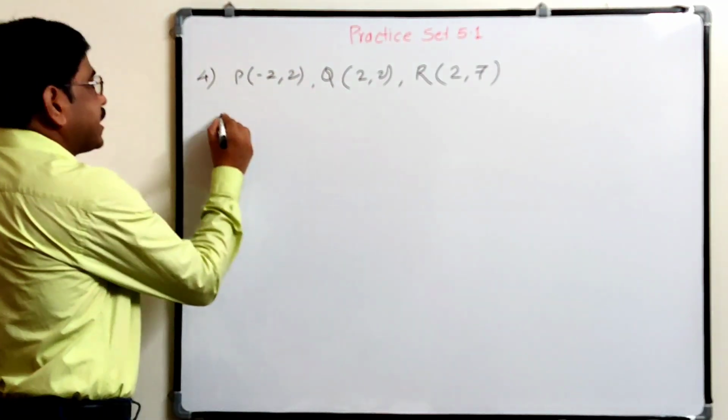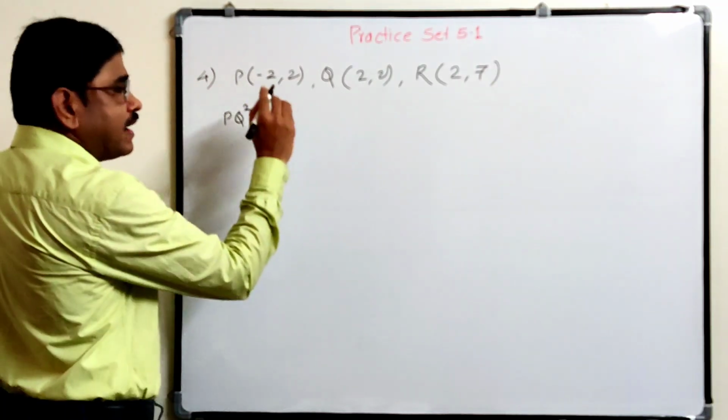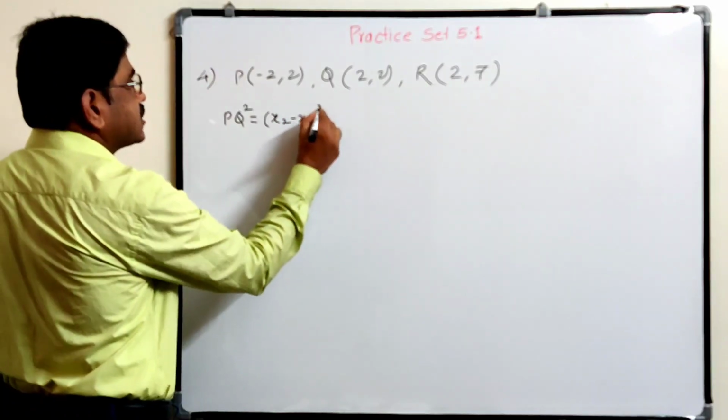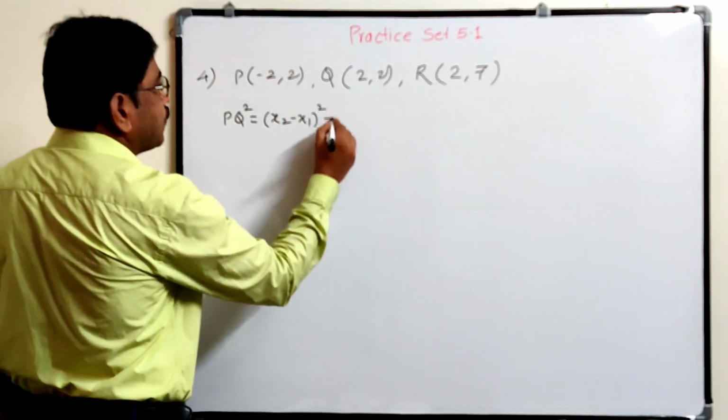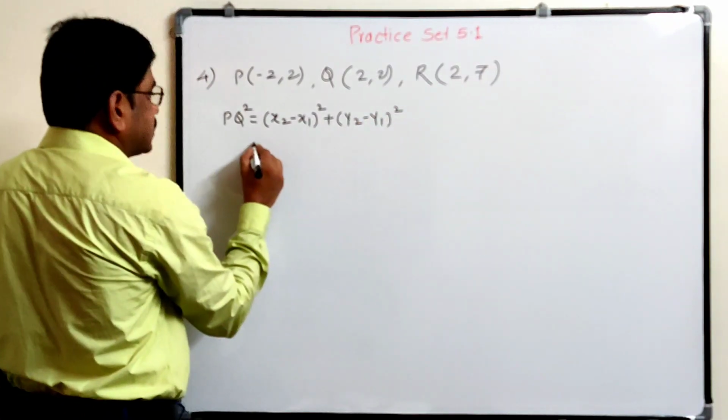That is the first. PQ square, directly find PQ square. No need to find the root. So the direct formula becomes (x2 minus x1) bracket square plus (y2 minus y1) bracket square, the root removed. Now simplify.